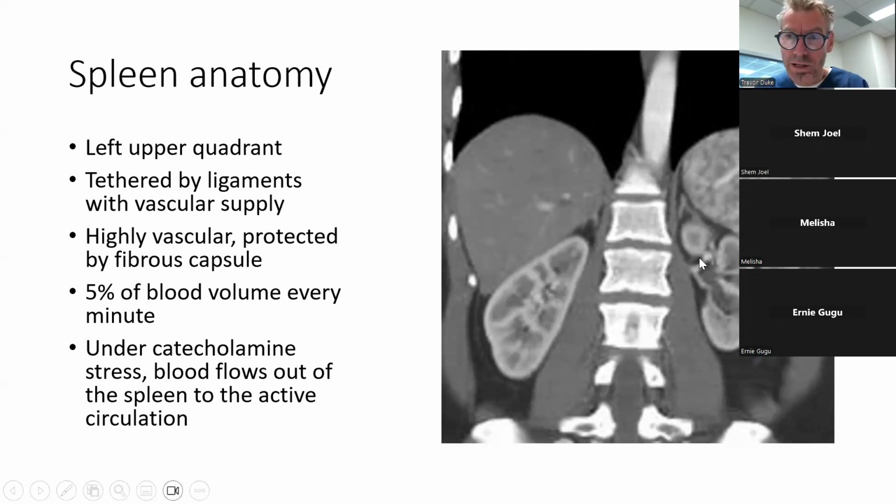As I said, the spleen is a highly vascular organ, and it takes up to 5% of the circulating blood volume every minute. So a large volume of blood goes through the spleen, which is cleaned, and it enables the spleen to have some immune function protection for the blood.